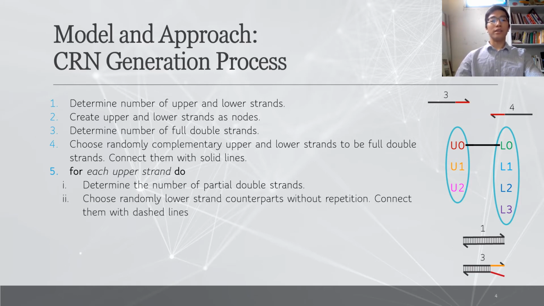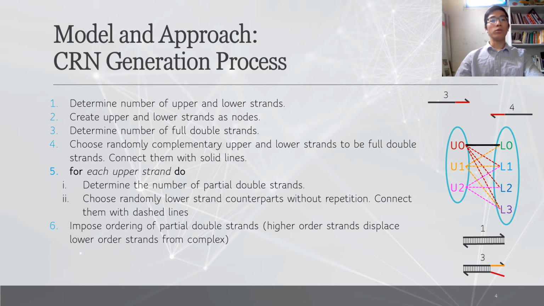Next, we choose randomly the lower counterparts for each of the upper strands and connect them with dashed lines. So in this example, for the node U0, we're going to choose L1, L2, and L3 as the counterparts, and we connect them with dashed lines, as you can see. This process is then repeated with U1 and U2, and then we have 6 partial double strands in this particular chemical reaction network.